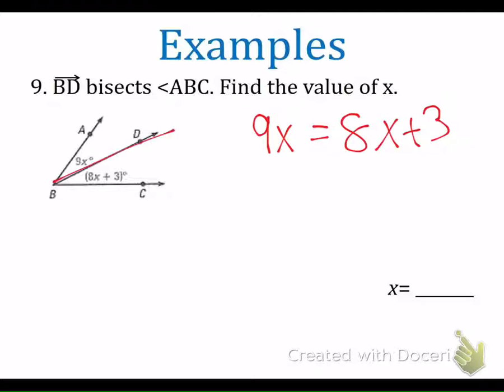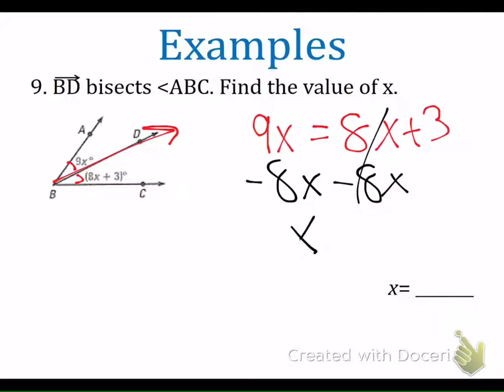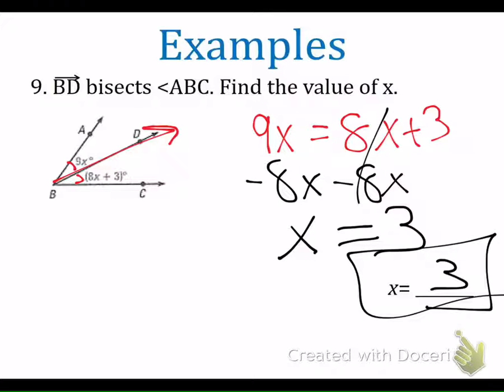Once again, we have a bisector. That means that this guy is congruent to this guy. And we are going to make them equal to find the x. What do you do to both sides? Subtract 8x. What is 9x minus 8x? 1x, and that equals 3. What are your questions? No questions, teacher.